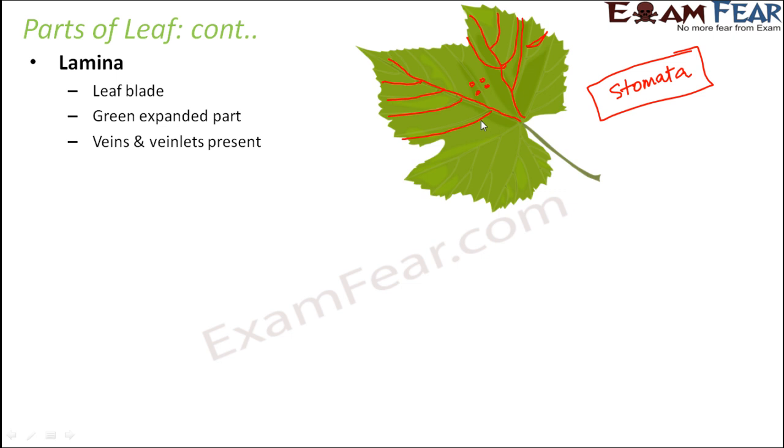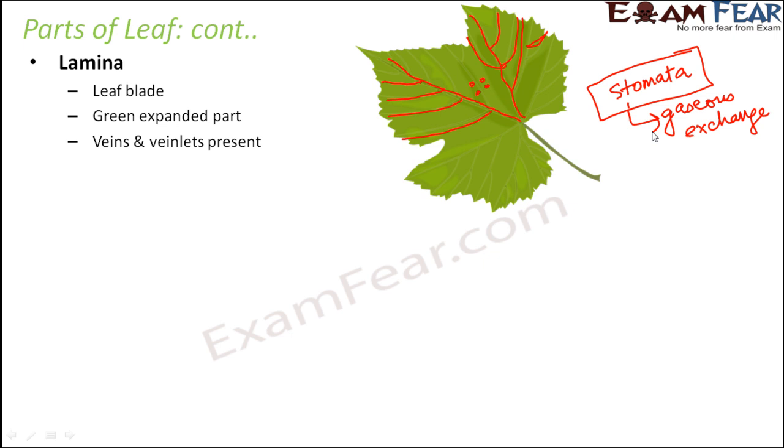If the plant needs, let's say, carbon dioxide, the carbon dioxide will enter the plant through these stomata. If the plant wants to throw out oxygen, the oxygen will come out through these stomata. So these tiny pores called stomata are also present on the lamina of the leaf. The stomata help in exchange of gases. So that is another importance of lamina.